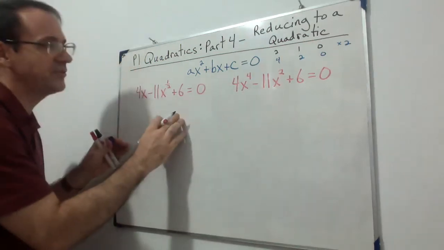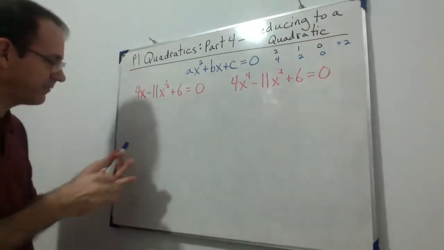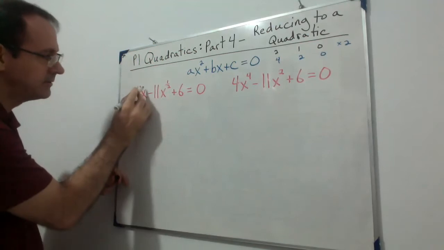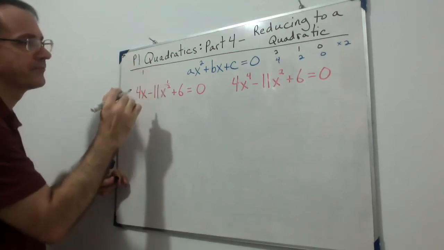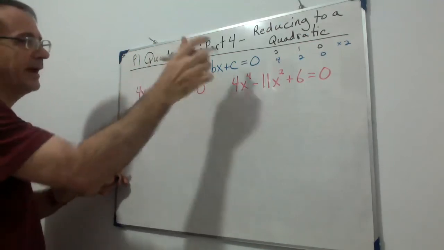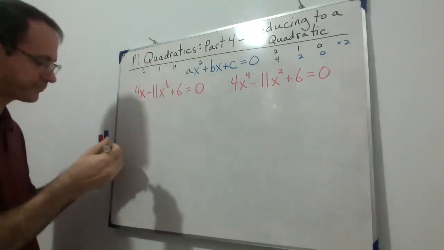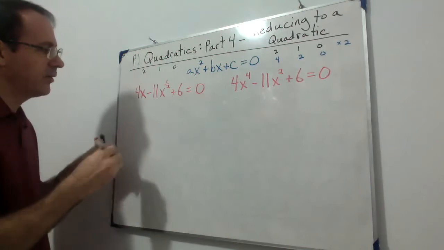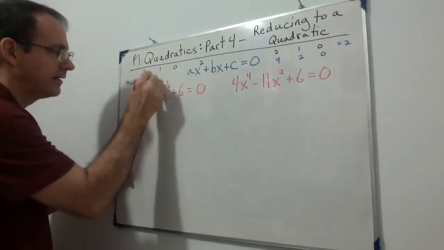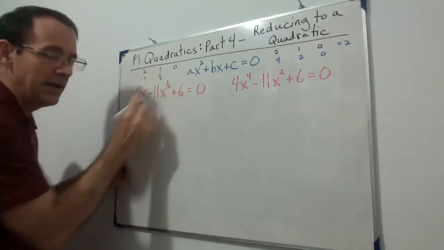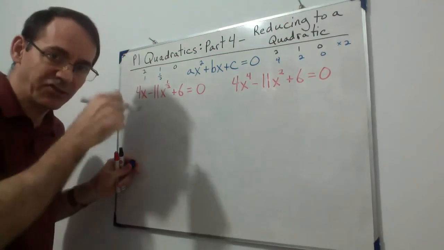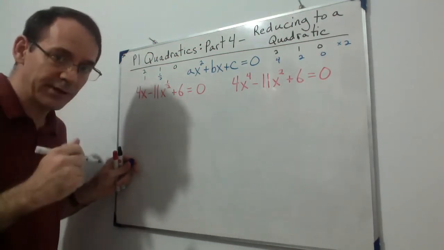If we look at this one over here, we have a 1. That's an understood 1. Well, let's put our pattern up first. 2, 1, 0. And here we have a 1, 1/2. Remember, 1/2 is the same thing as square root, power over index number.